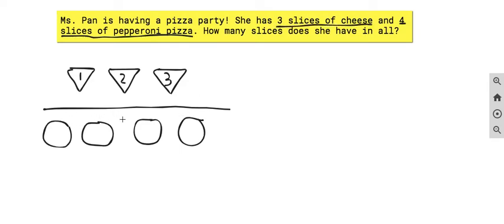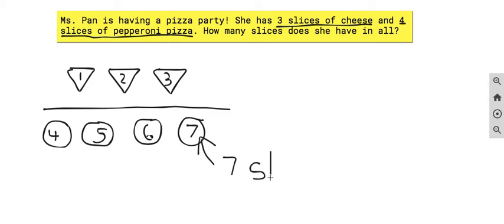Now, some friends labeled these last 4 in a different way. One friend decided to do 4, 5, 6, 7, to count on from 3. And from that, they figured out that the answer was 7 slices.